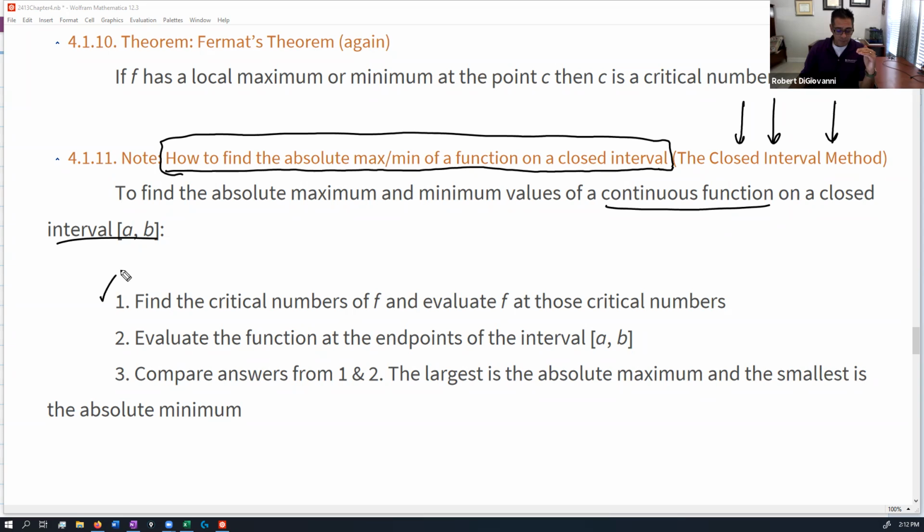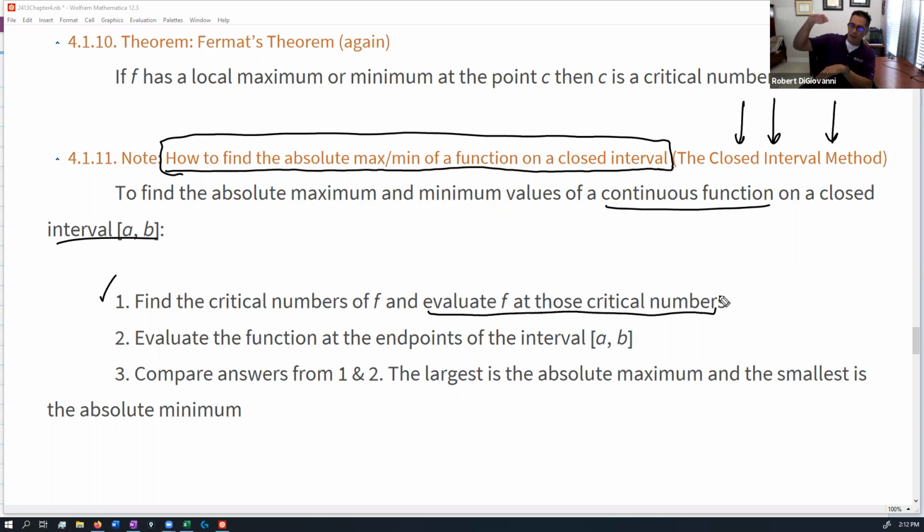And then we say, well, if it has a local max or min, it's got to be at one of these points. So we take those points and evaluate the function at those critical numbers. That means we plug those numbers into the original function and get outputs, these y values, and compare them.